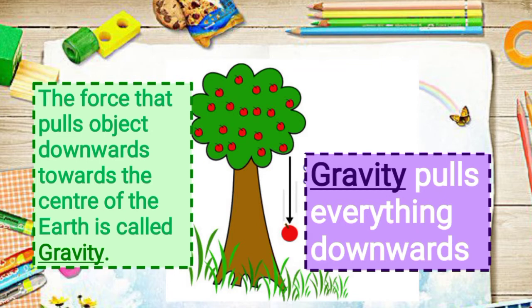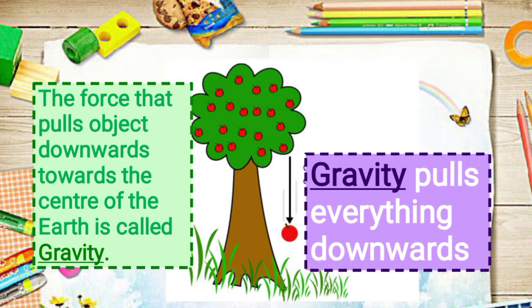But why does it fall down? Why doesn't it keep going upward? This is because of the force of gravity. The force that pulls objects downwards towards the center of the earth is called gravity.